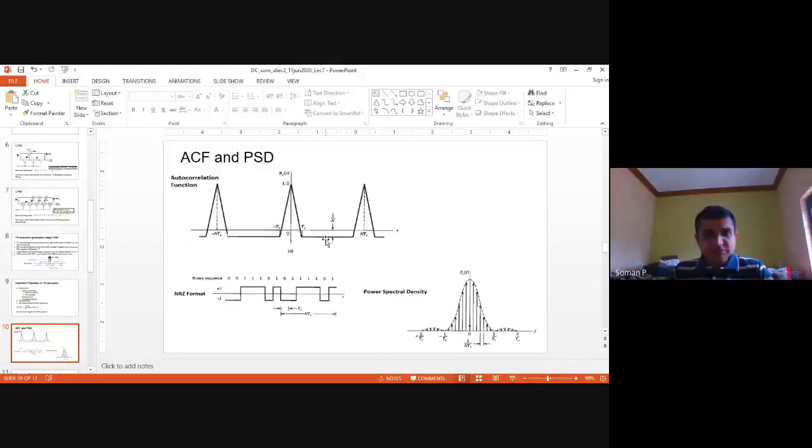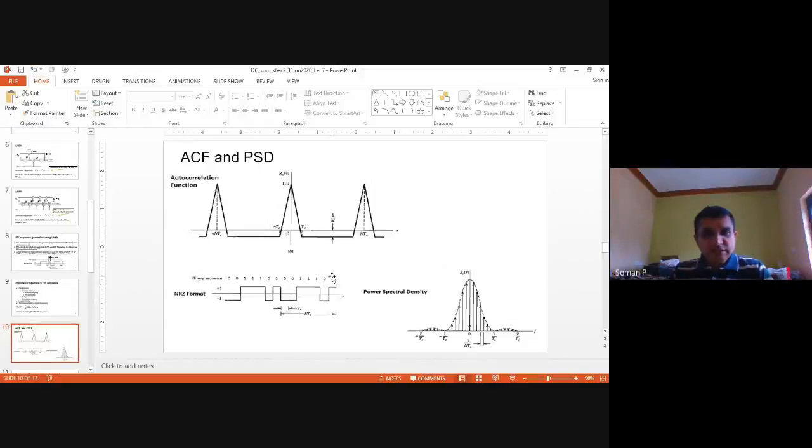The derivation is not required here, and we observe that its autocorrelation, for any value of k that is not equal to 0, is minus 1 by n.